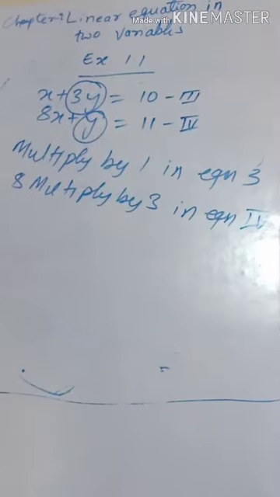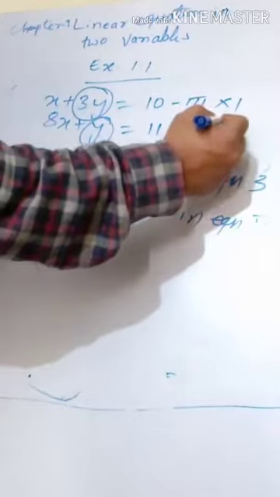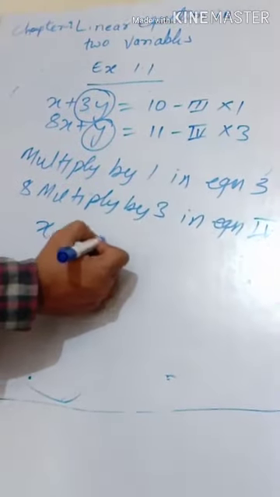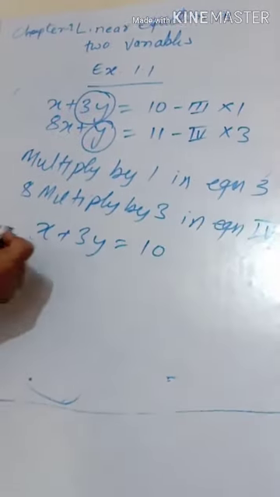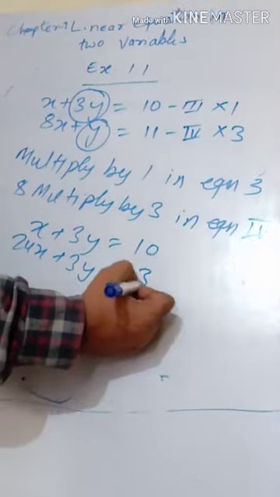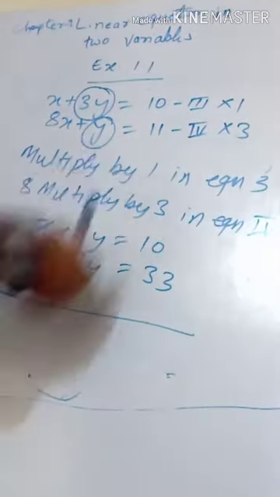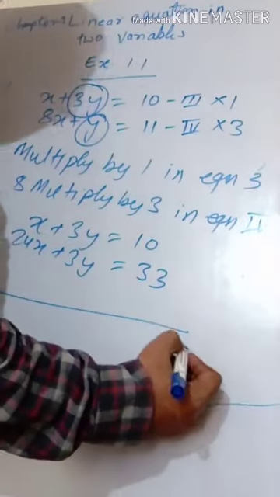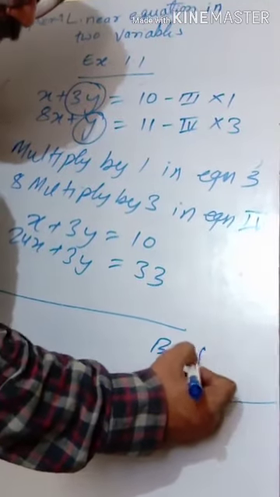Now we got two new equations: x plus 3y is equal to 10 and 24x plus 3y is equal to 33. 3y is the same constant and the sign is also same, therefore we write by subtracting.